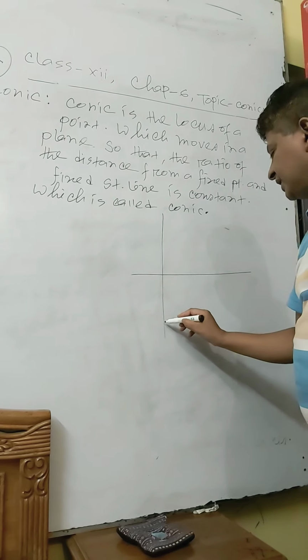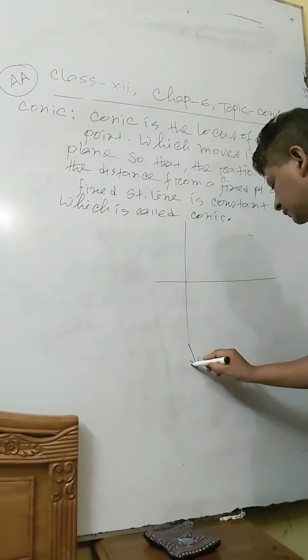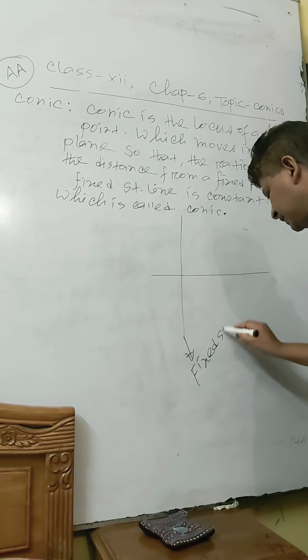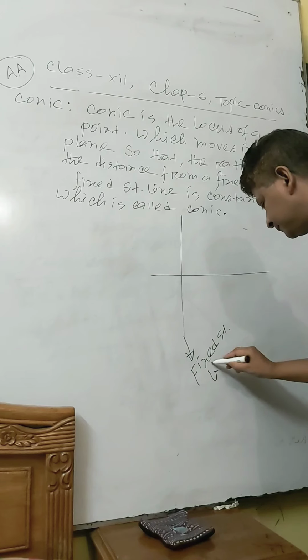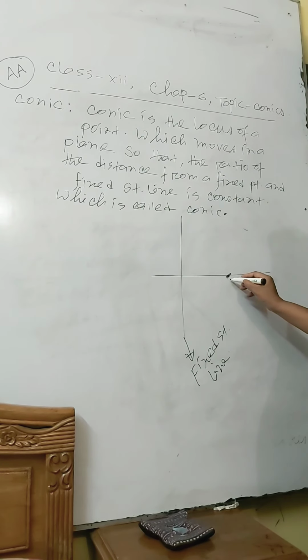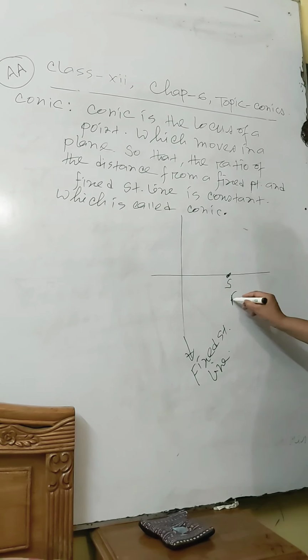This is the fixed straight line. This is the fixed point, which is denoted by S. Fixed point is known as focus.